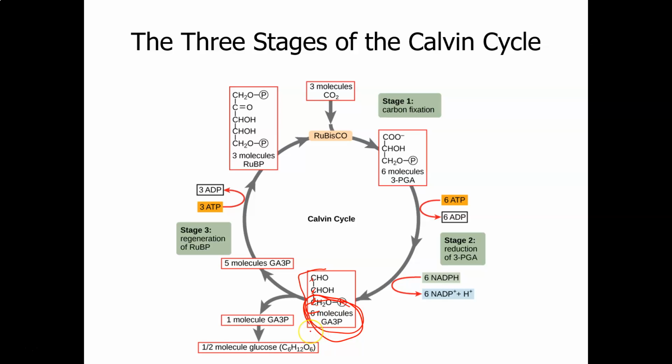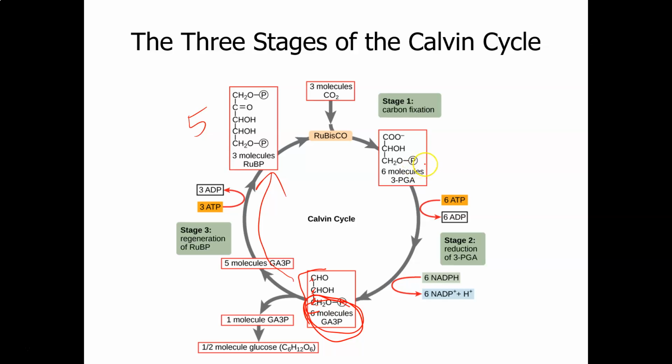Of course, glucose is going to need 2 molecules of G3P, so it only produces half a molecule of glucose. 5 G3Ps are used to produce the RuBP, the ribulose bisphosphate, which is a 5-carbon molecule.